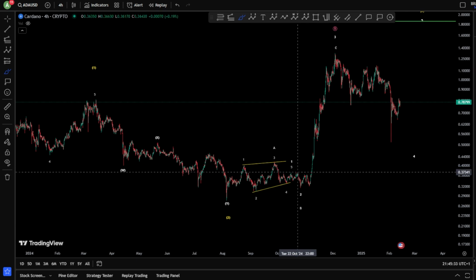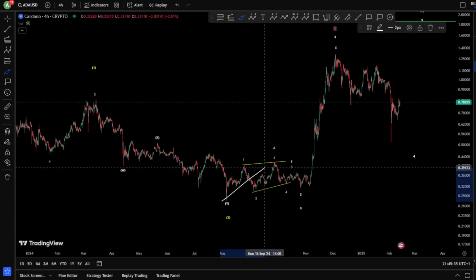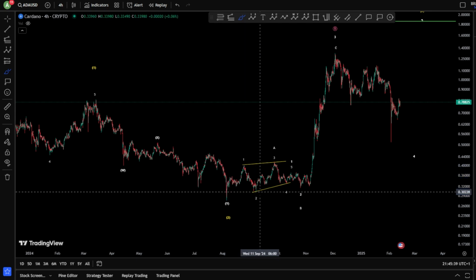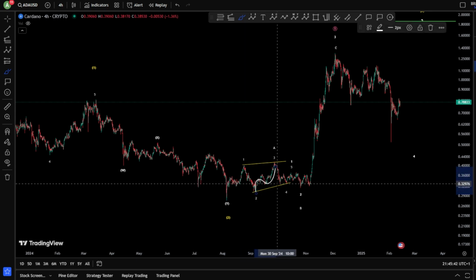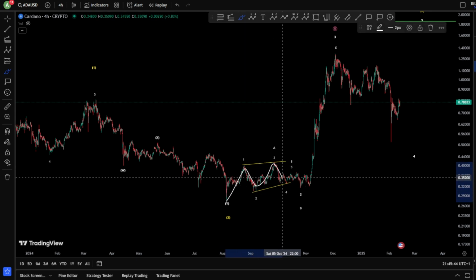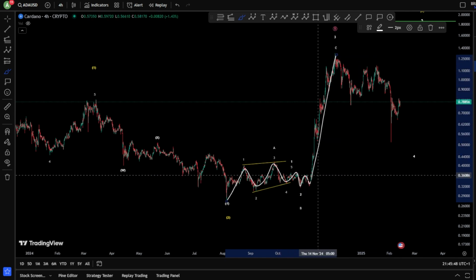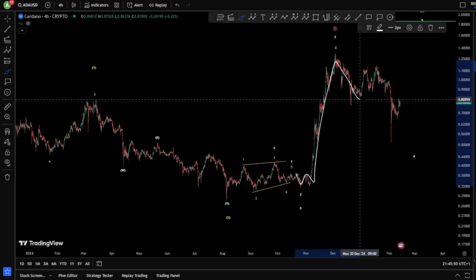Normally it can be, but this one is very short. However, the problem is there is impulse after it, and we cannot count an impulse here, or here. So definitely this looks like a leading diagonal, and a wave 2 then moving toward the upside.